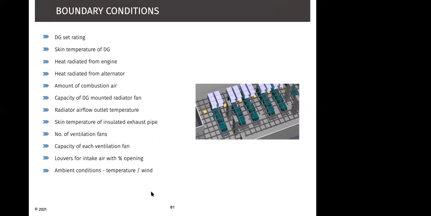Now, apart from that, there could be other boundary conditions that you can also consider, like the attenuator, the pressure drop across it, whether the pressure within the room is staying as per requirement. So those are also something that can be studied.